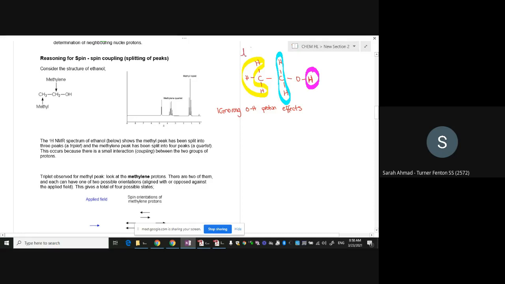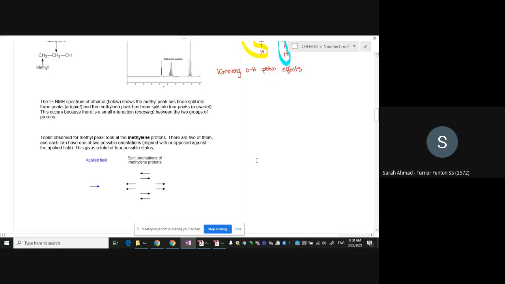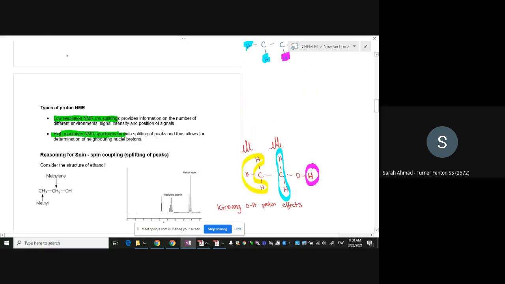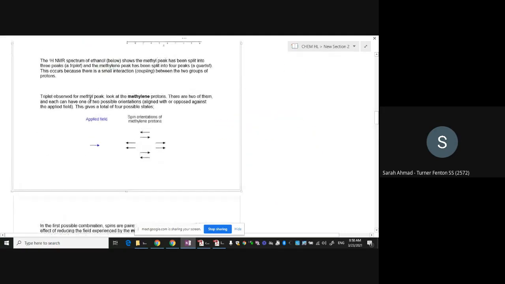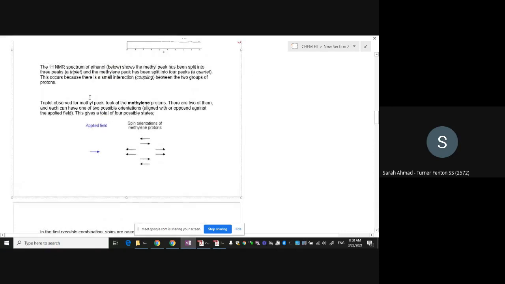So I'm expecting a triplet here. And over here, I have 1 peak for this environment that is getting influenced by 3, right? So I'm expecting a quartet, right? If I keep it simple, like bromoethane. I want you to understand how these peaks are determined. So we know that the nuclei of these different environment hydrogens influence neighboring proton nuclei.